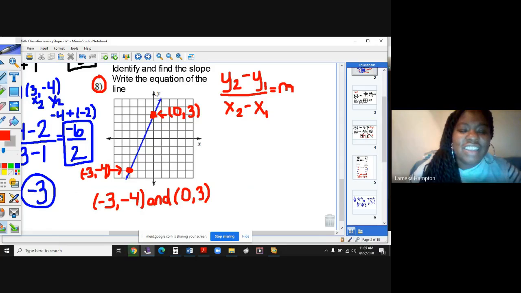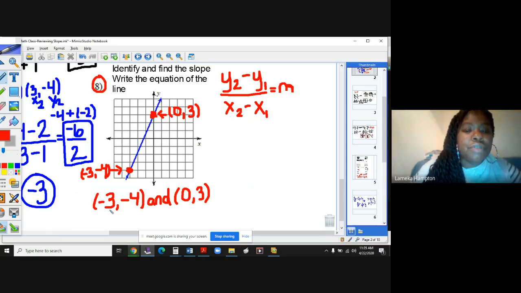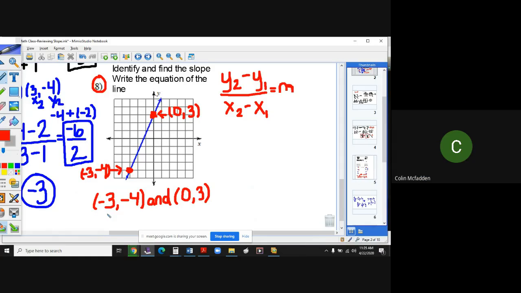All right. So let us go over and figure out what this slope is. Where's my cursor? Okay. So now I have my two coordinates here. I have -3, -4, and I have 0, 3. Mr. McFadden, I want you to tell me what number does -3 represent? Negative three is the x1.